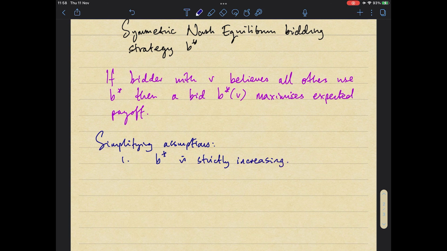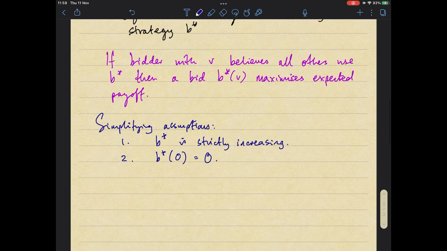People with higher values submit higher bids. So that seems reasonable. People with lower values submit lower bids. It's a strictly increasing function. The second condition we're going to assume is that the person with value 0, B star of 0, submits a bid of 0. Why wouldn't they? Okay, so that seems pretty reasonable as well.